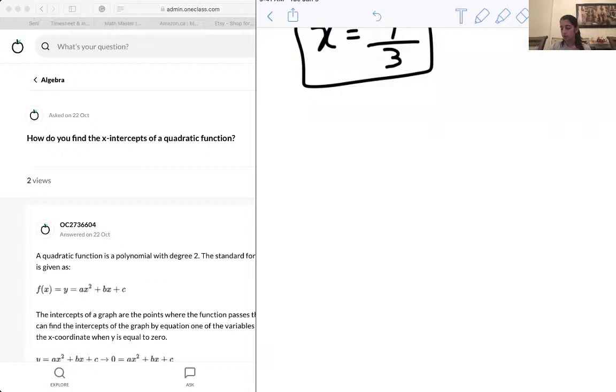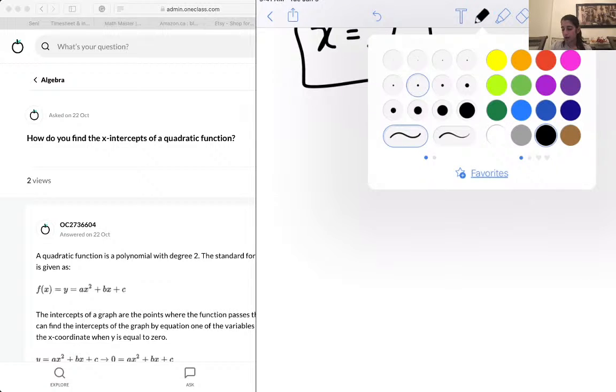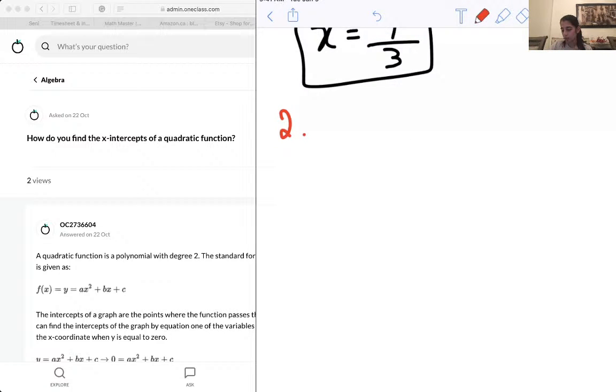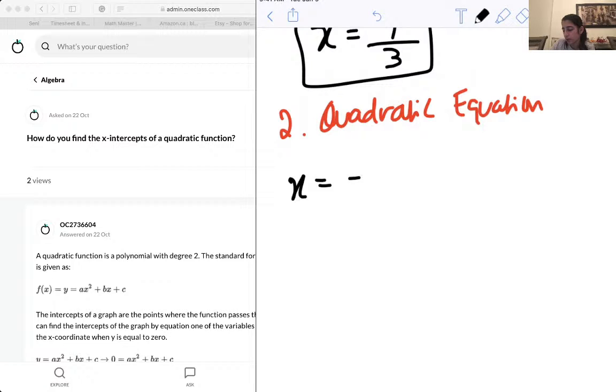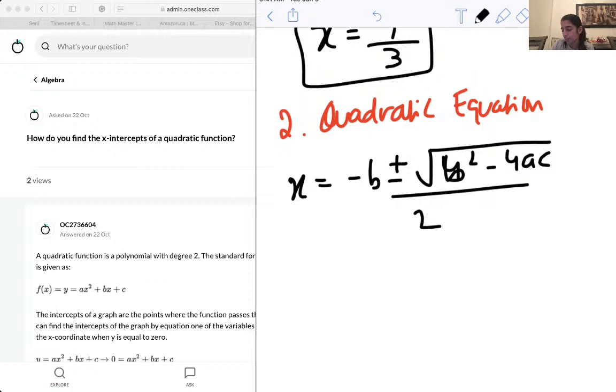Another way you can solve is by the quadratic formula. How that works, our quadratic formula is pretty simple: x equals negative b plus or minus the square root of b squared minus 4ac, over 2a.